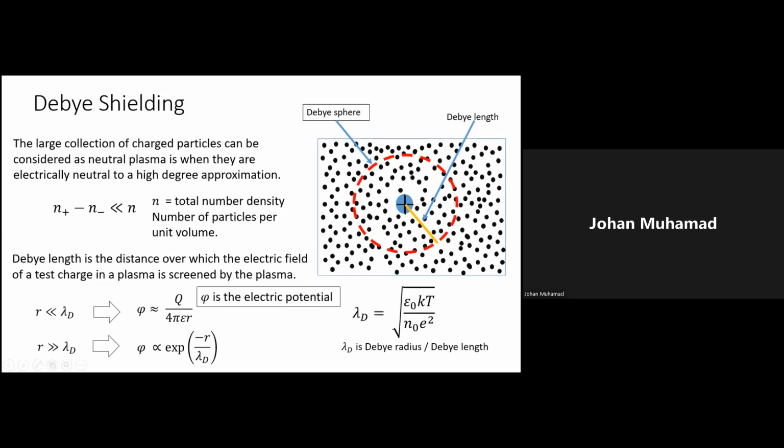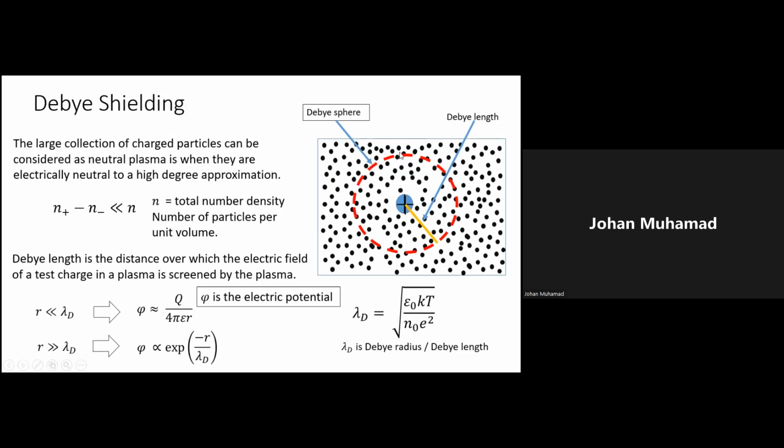But if we have so many particles like this, then there's a limit where the effect or the influence of this test charge will be effective, while outside this volume, we can say that the electric potential of this test charge is not very effective.